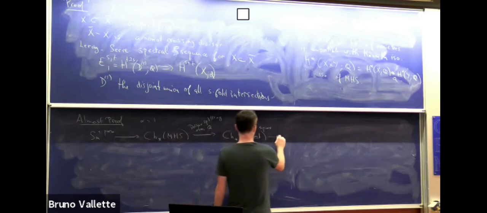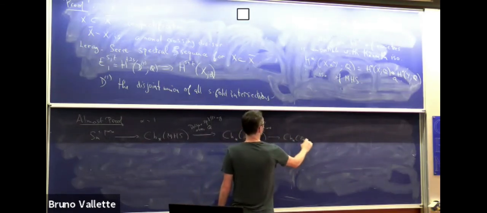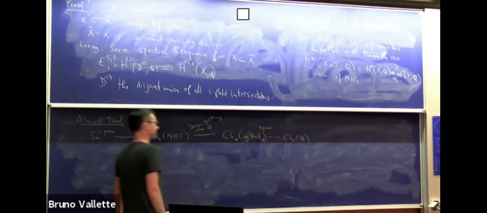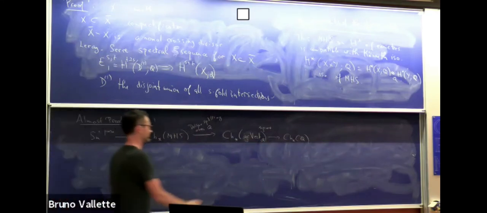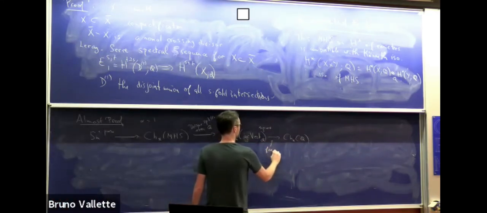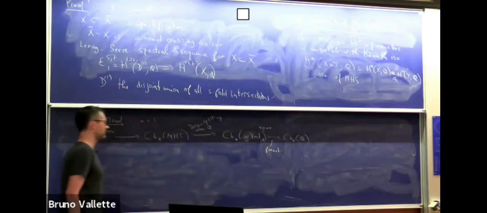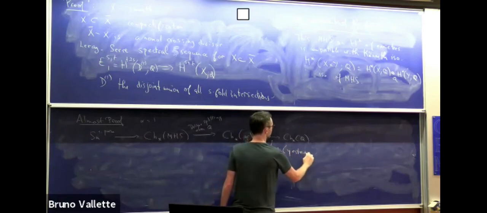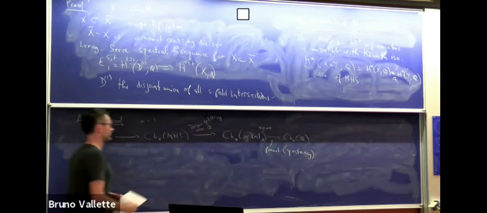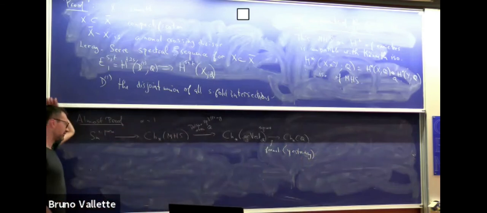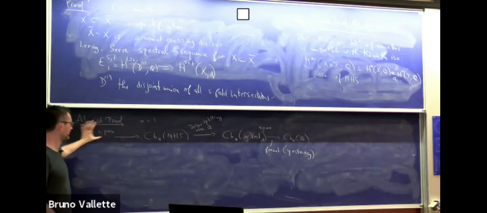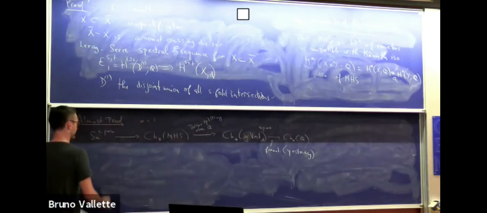And then I have the forgetful functor to chain complexes over Q, and we saw yesterday that this is formal. That's from yesterday's lecture. Of course, pre-composing a formal functor with any lax monoidal functor still gives you a formal functor, because you can just pre-compose your zigzag by whatever this part is.